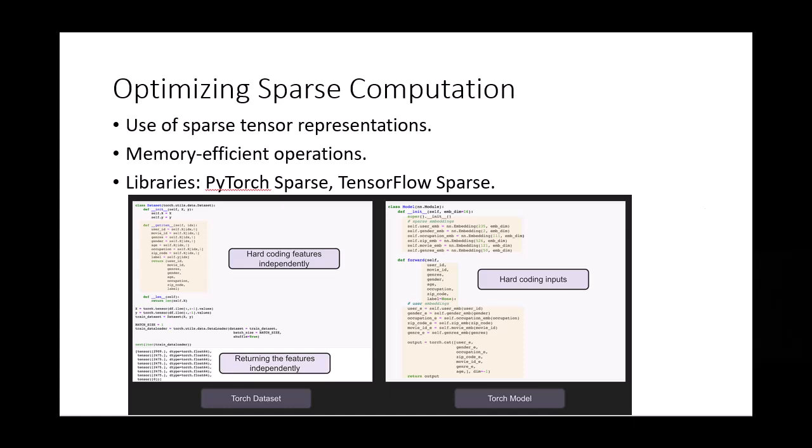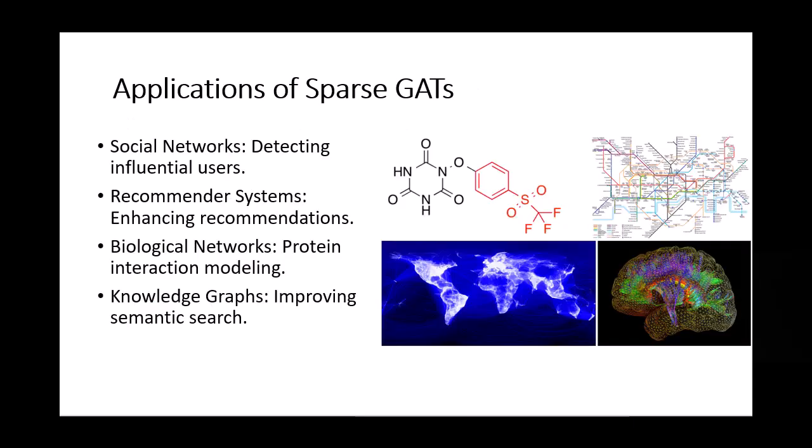So, for example, frameworks like PyTorch and TensorFlow provide built-in support for handling sparse tensors. And so, once you have time, you can see how you can explore some of these libraries so that their memory usage is efficient, and that's very important.